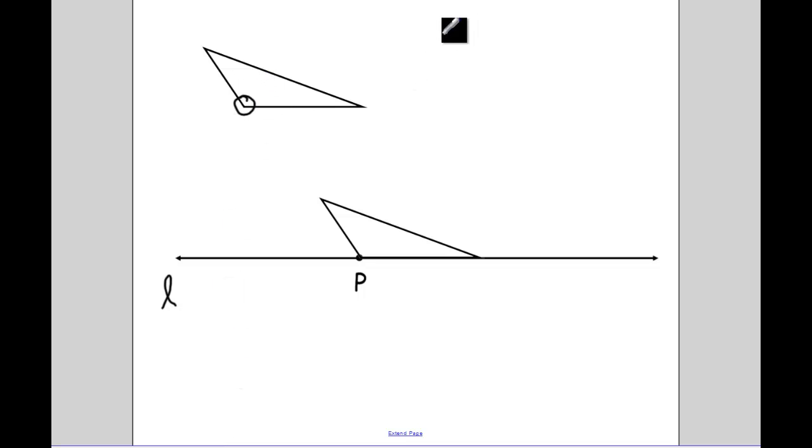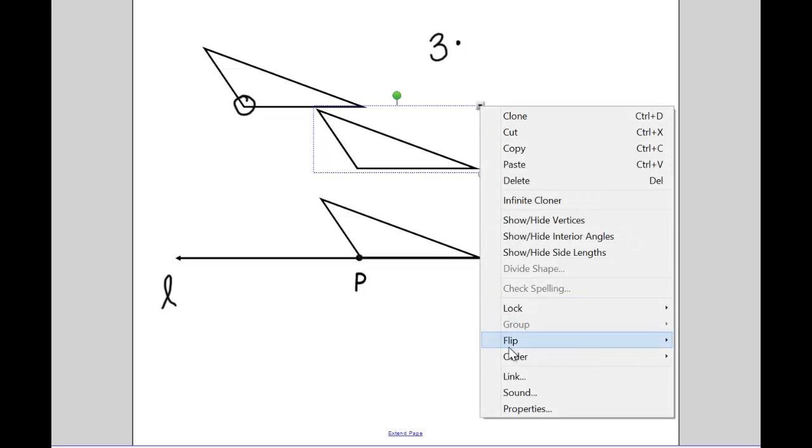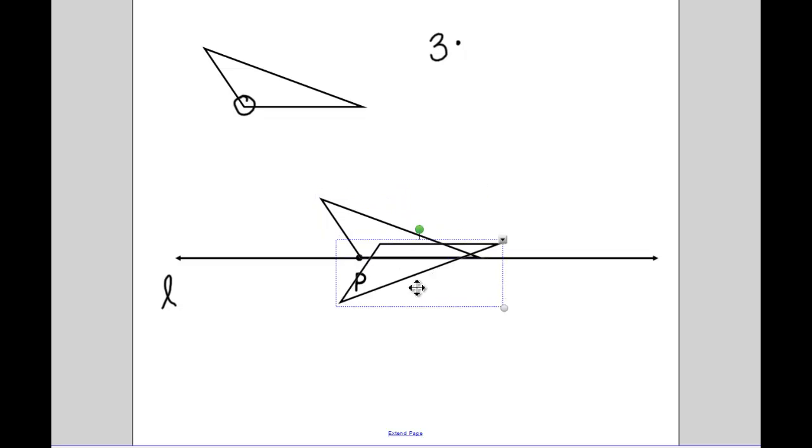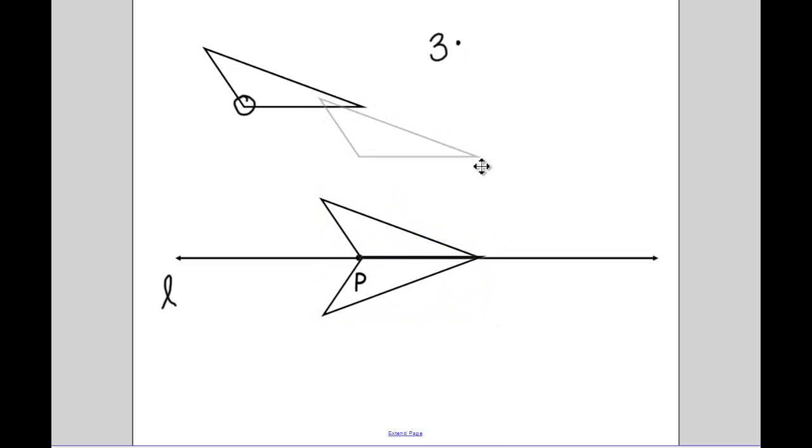I know I'm going to have 3 vertices, so I'm going to take this answer and multiply by 3. So if I take that vertex, what if I were to flip that around? There's another possibility. Let's flip this around another way.